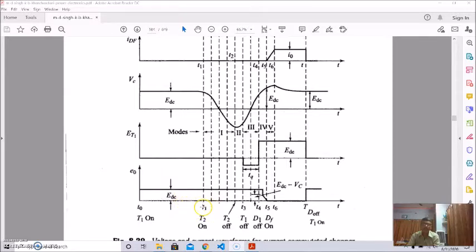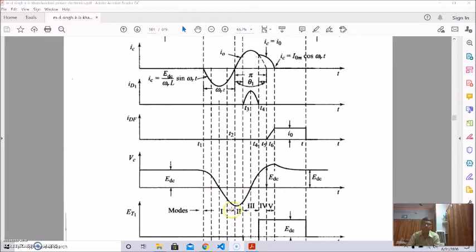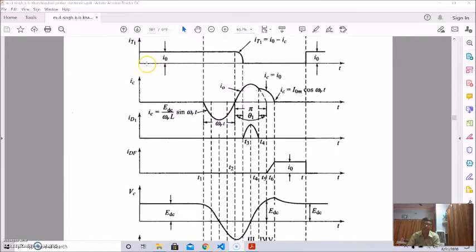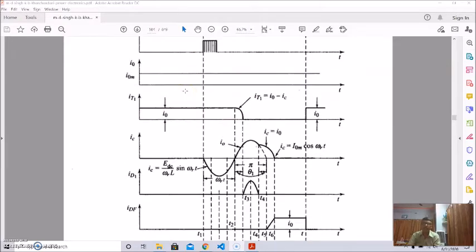So this is the T2 turn on, and at time small T2 this thyristor T2 is turned off. This is the oscillatory current. This is the capacitor current. This is the current to the main thyristor, and this is the load current.